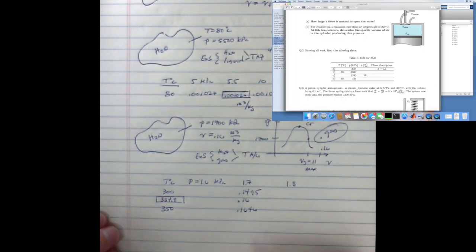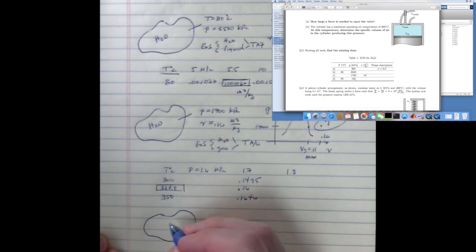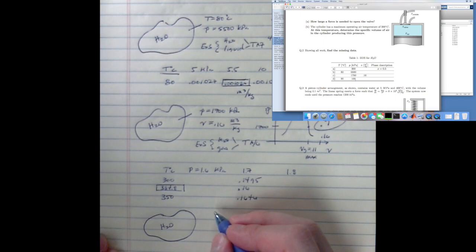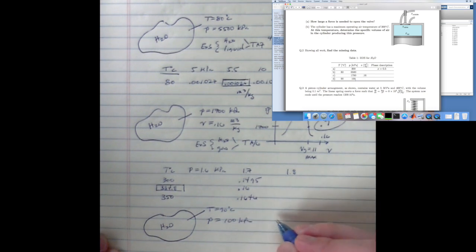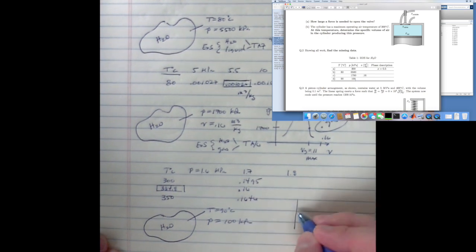Let's finish off very briefly. We have one more blob problem to do. Let's see if we can fit it on this page. We have H2O, and we're told that it has a temperature of 90 degrees C and a pressure of 100 kPa. Once again, we need to find the phase.